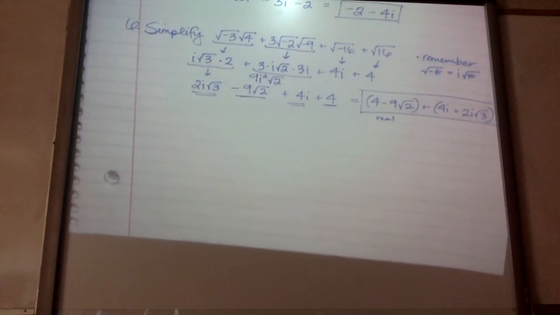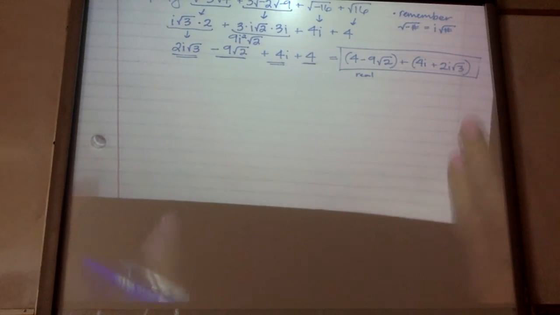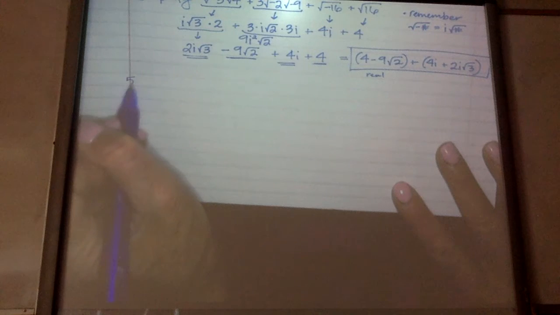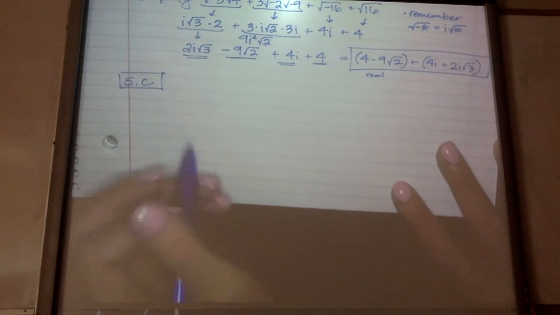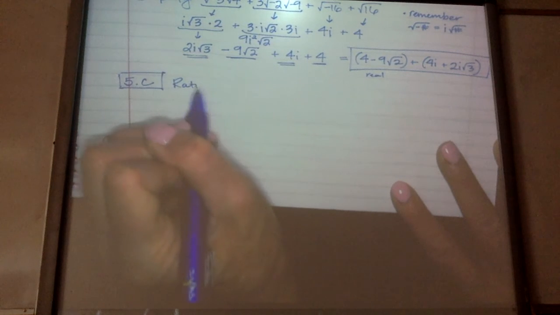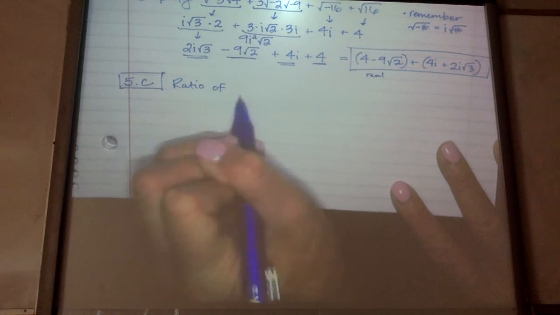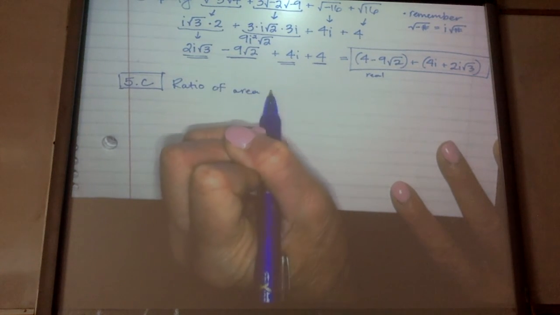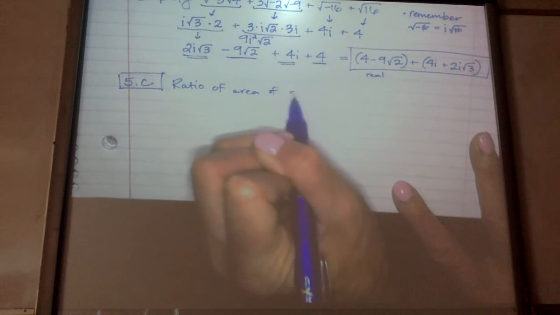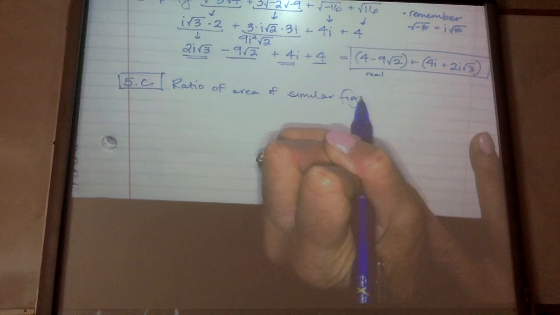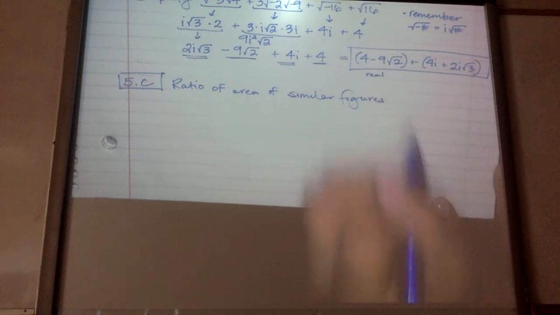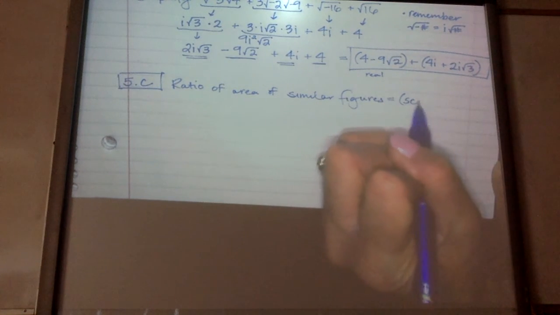5.c is the ratio of areas of similar figures, and I'm not really going to go over it. It's just the ratio of areas of similar figures. Which just equals the scale factor squared.